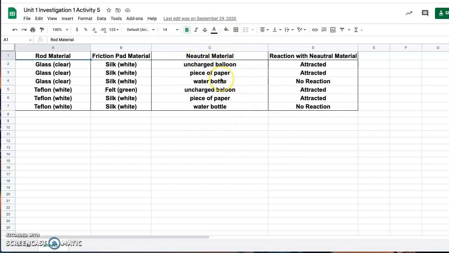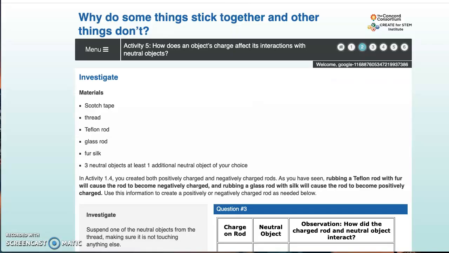I picked three neutral materials: an uncharged balloon, meaning I didn't rub it with any fur, two pieces of paper like we saw in 1.2, and a water bottle, like we saw earlier in this investigation. I provided you with whatever reaction happened. In some cases we saw that it attracted. In some cases there was no reaction at all.